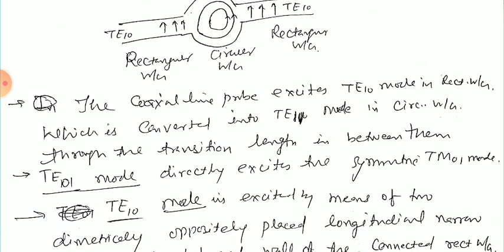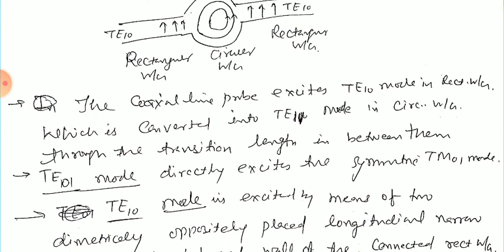So the description of this we can write: the coaxial line probe excites the TE10 mode in the rectangular waveguide, which is converted into the TE11 mode in the circular waveguide through the transition length between them. Second, the TE01 mode directly excites the symmetric TM01 mode.